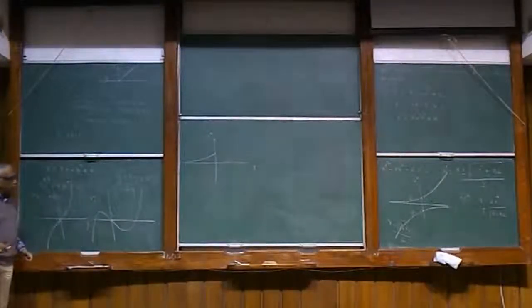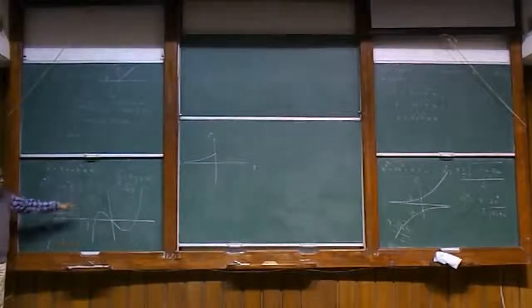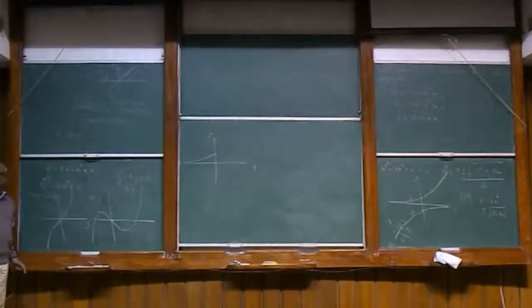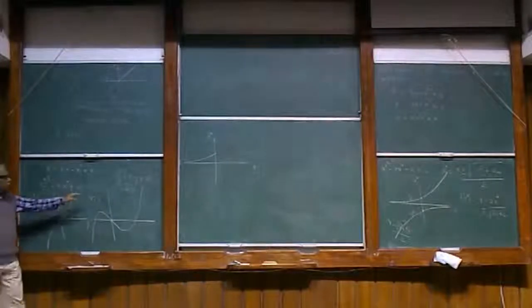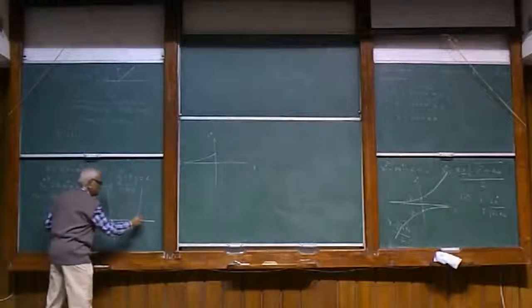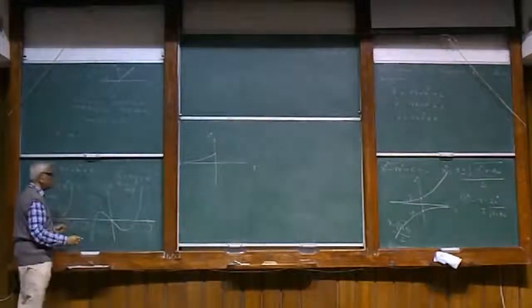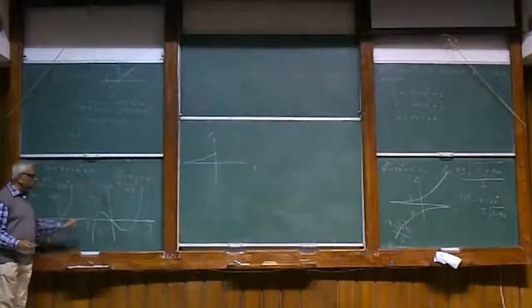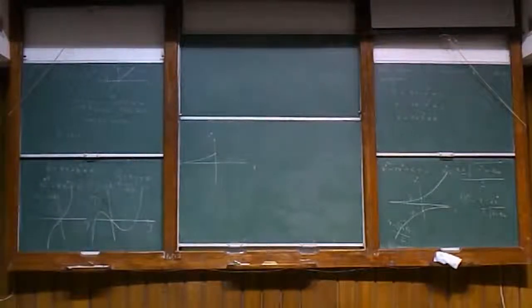And this is how you go. So that's what this curve is going to look like. So this is what f of y versus y for r greater than 0 has this look over here.